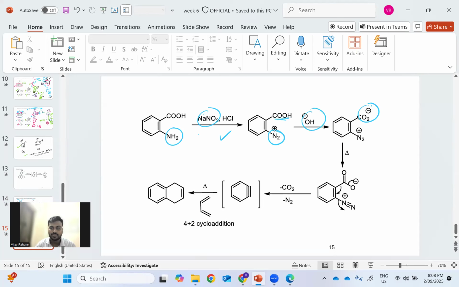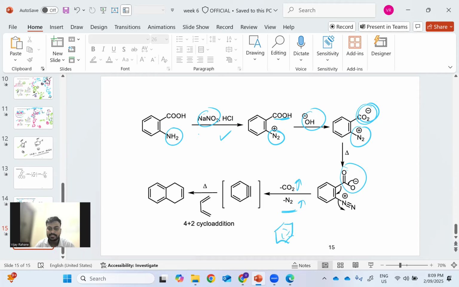This COOH gives the COO negative anion, and this N2 is a positive cation. So under thermal conditions, what happens? This entire compound undergoes decarboxylation. So the CO2 group is eliminated and this N2 is also eliminated. So this CO2 and N2 are released from the starting material and you get the benzyne intermediate.